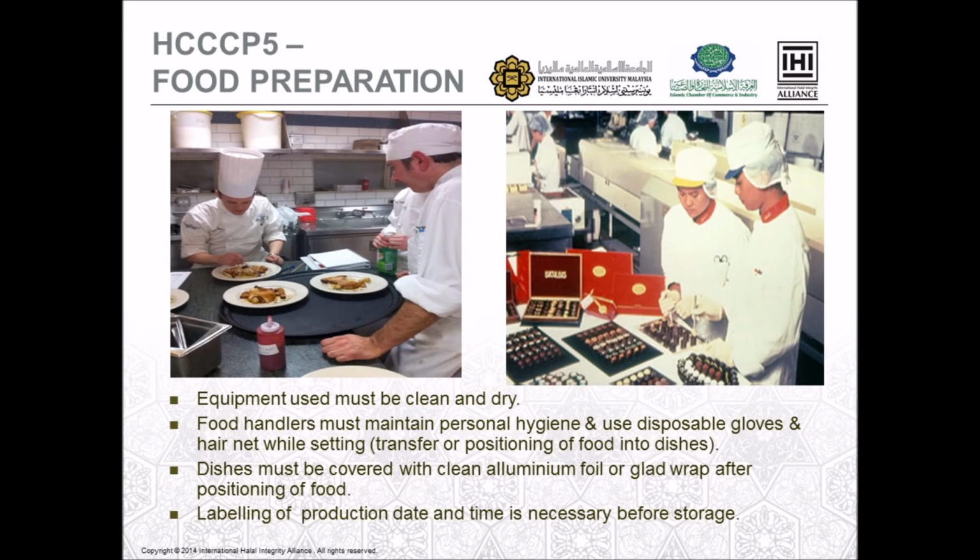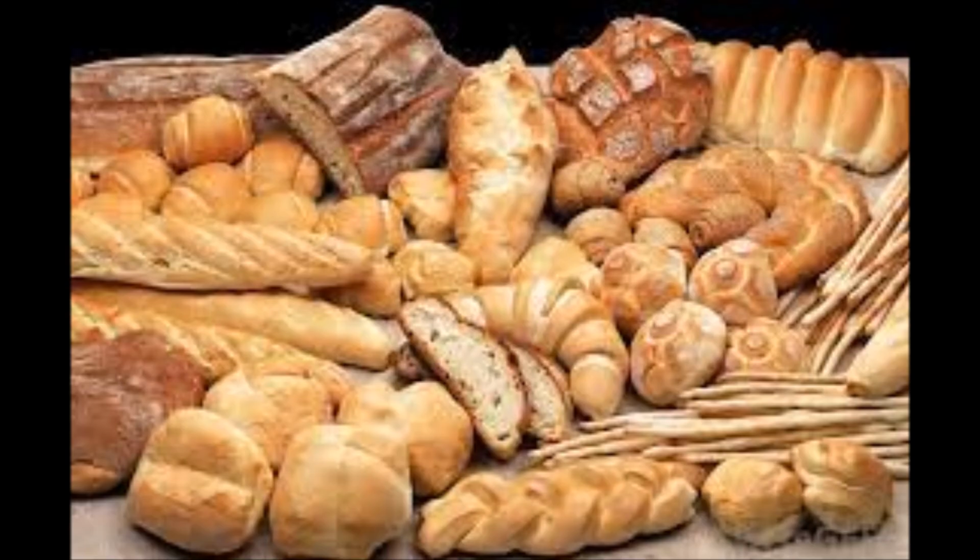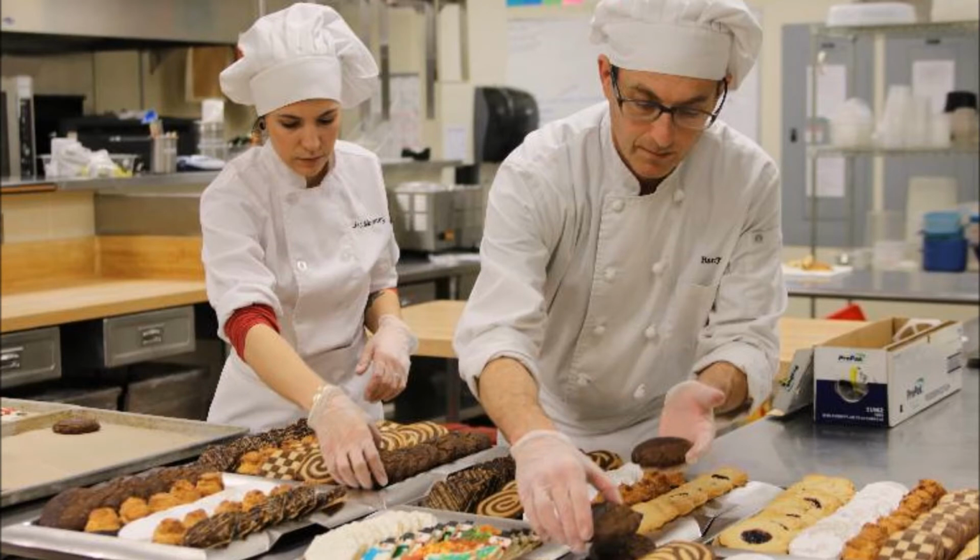Make sure equipment used must be clean and dry. Food handlers must maintain personal hygiene, use proper disposable gloves and all these protective gear. Make sure of proper use while setting, transferring, or positioning of food into dishes. If you are preparing cold food, a ready-to-eat meal, a sandwich, for example croissant, or let's say kebab, you have to put butter, cheese or mayonnaise and add chicken.